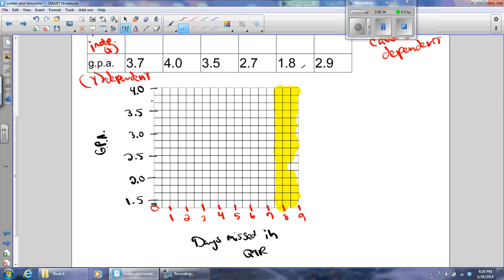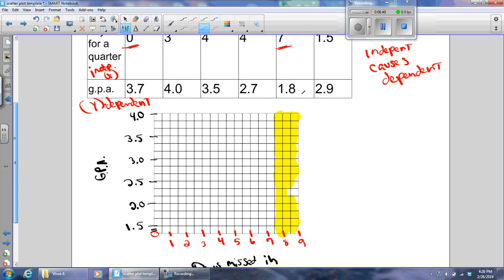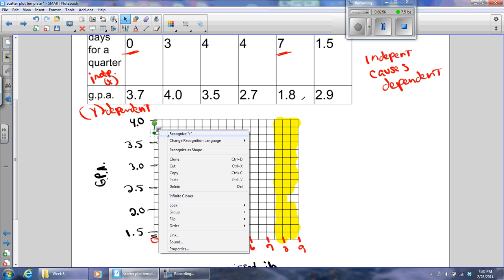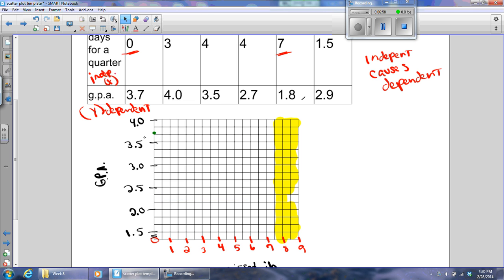All right, so I'm going to plot some points here. Looks like I'm going to have a point at 0, 3.7. So 0, 3.7. Well, 3.75 would be smack in the middle. 3.7 is going to be right about there, right? Okay. All right.